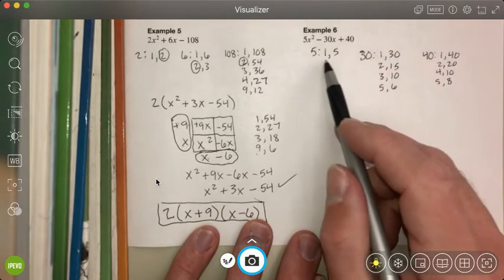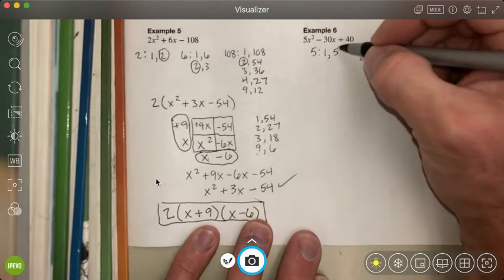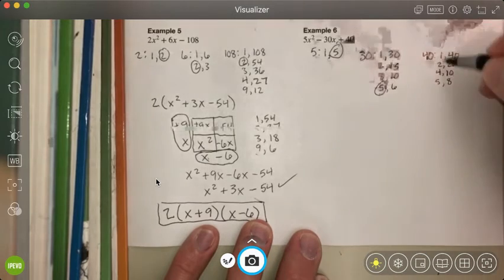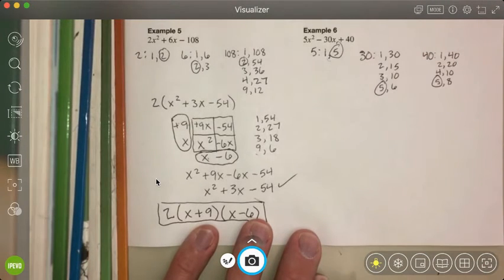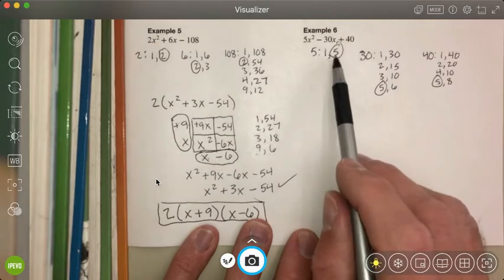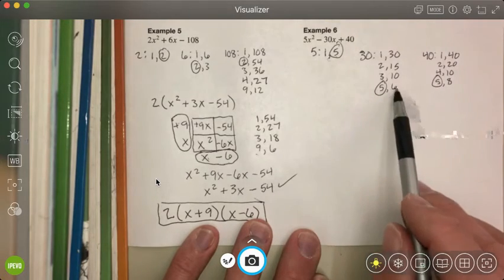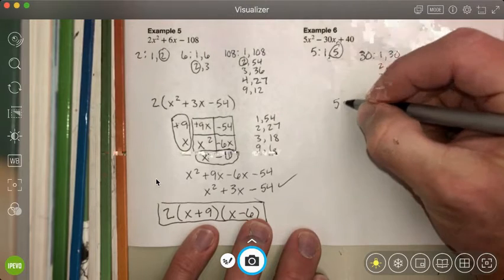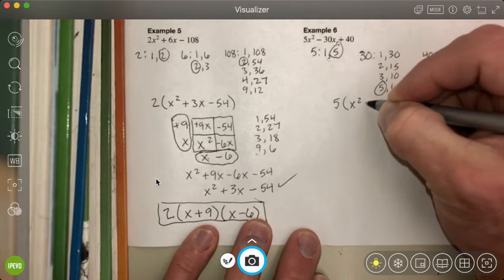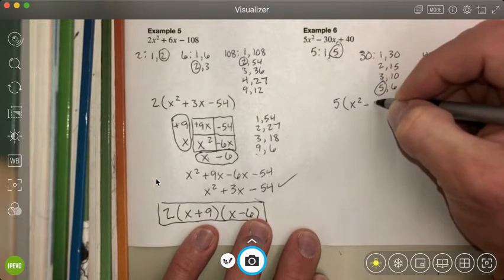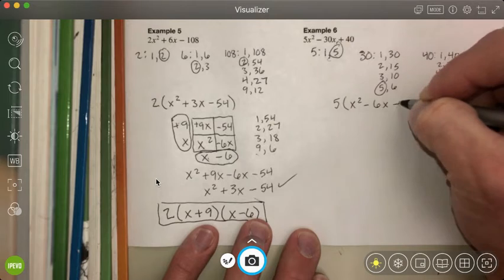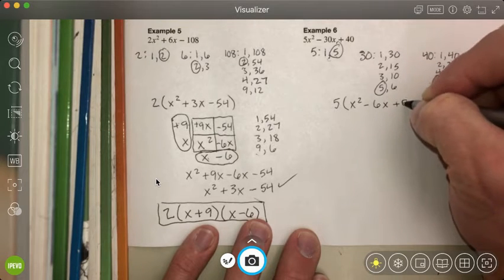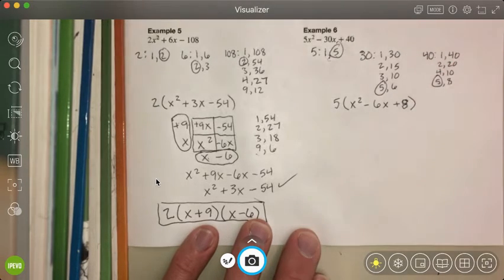All right, well, the biggest factor for 5 is 5, and I see a 5 in each of these cases. So there's my greatest common factor. So the pair is 1, the pair is 6, the pair is 8. So in other words, once I divide all those terms by 5, there we have it.